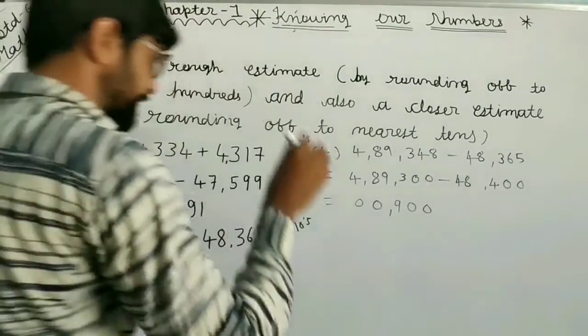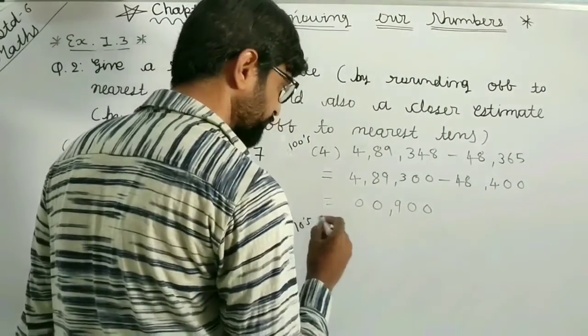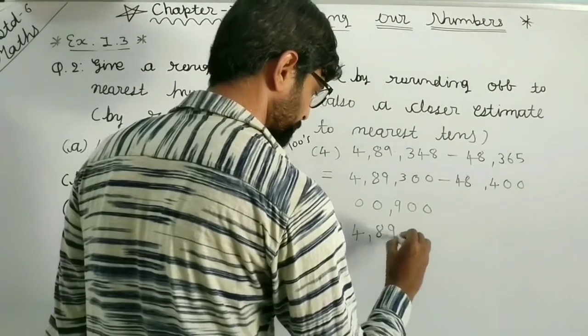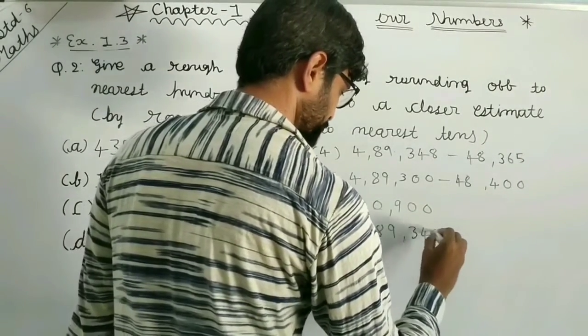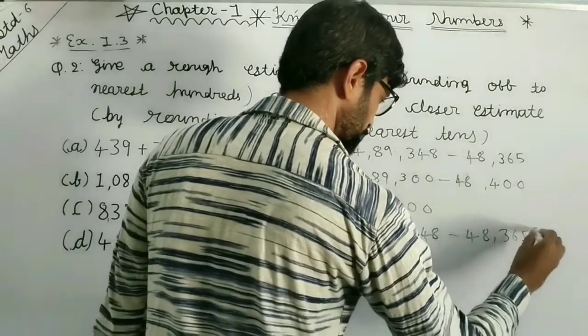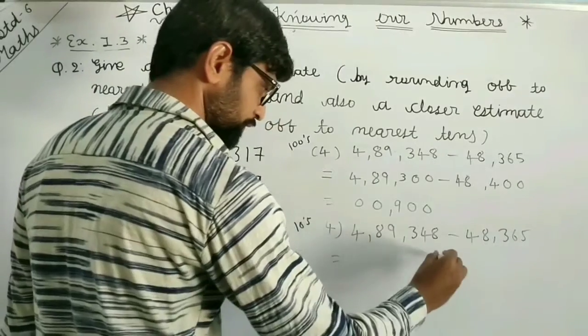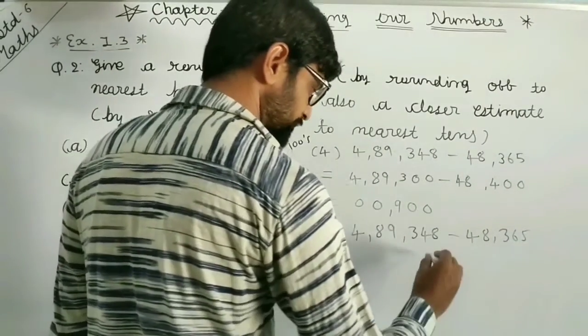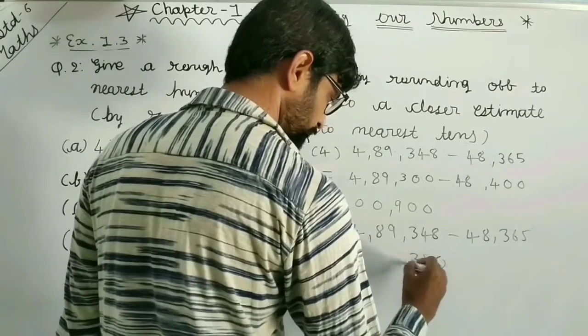Now the same question as per the tens. Rounding of tens. Let us see what the answer will be. Tens means place 1 0. 4, then 8 means add 1 to the 4.